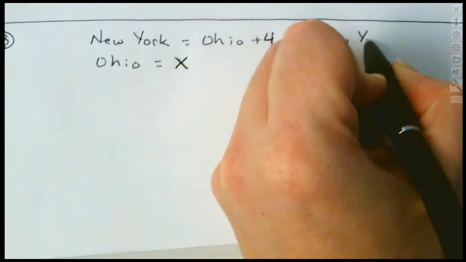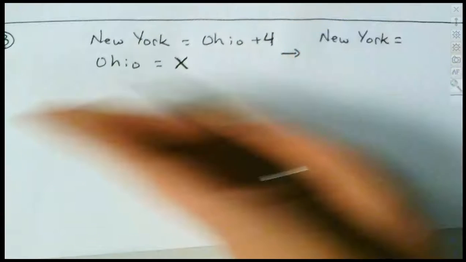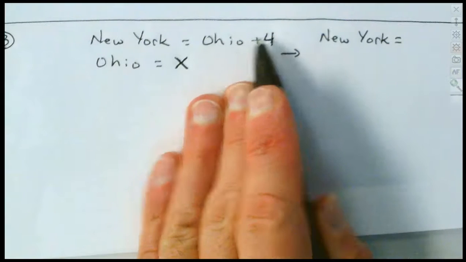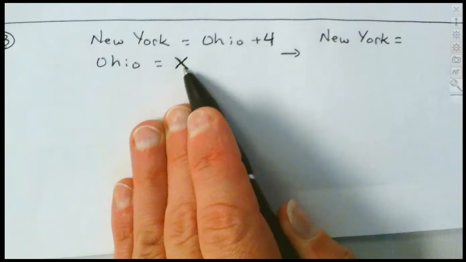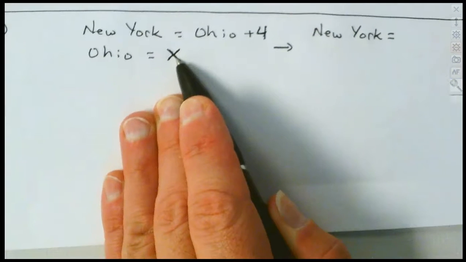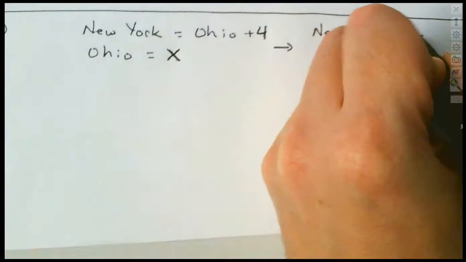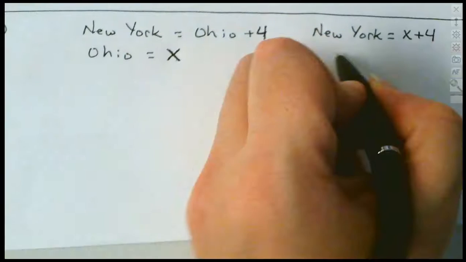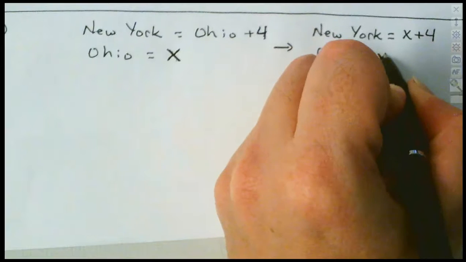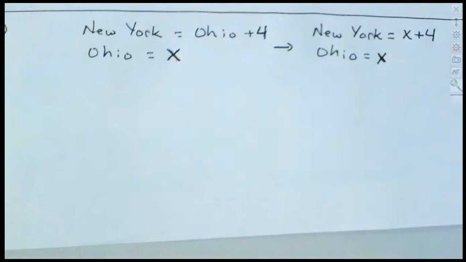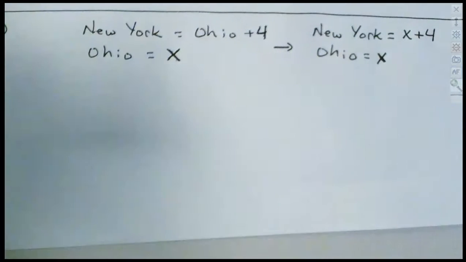And so now we have New York. Well, that's Ohio plus 4, but we called Ohio what? x. So New York is going to be x plus 4, and Ohio is x. So we've got the variable x used.